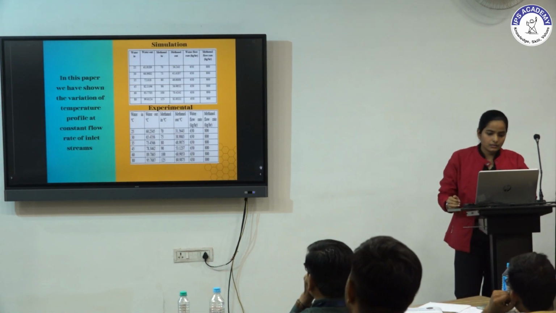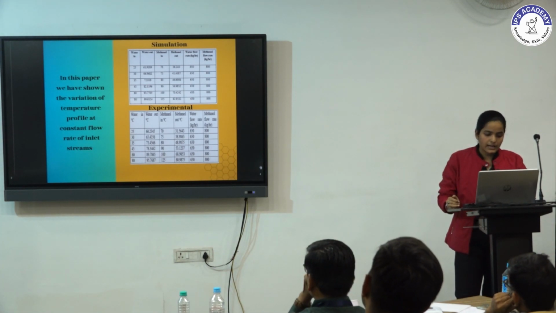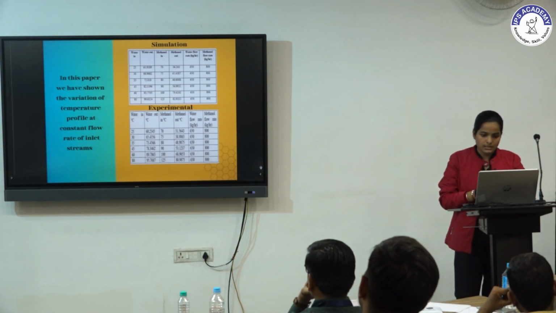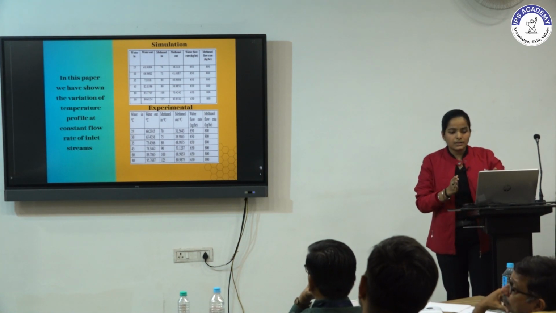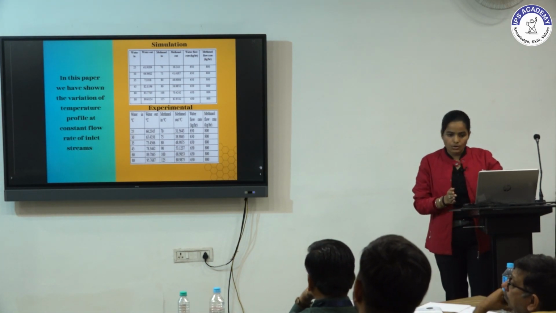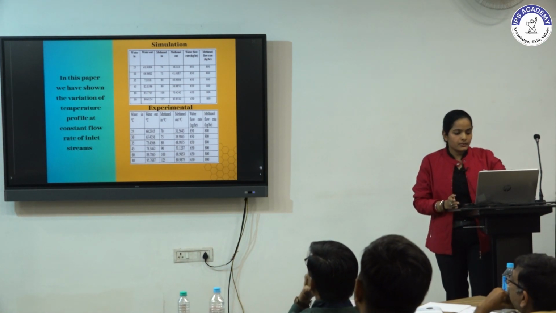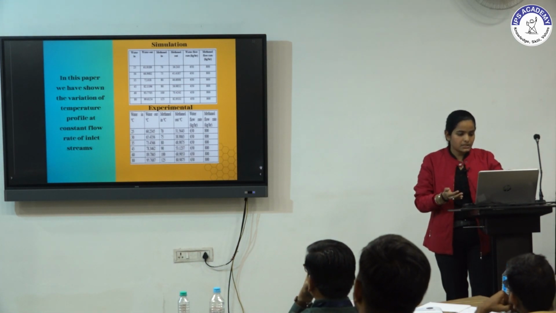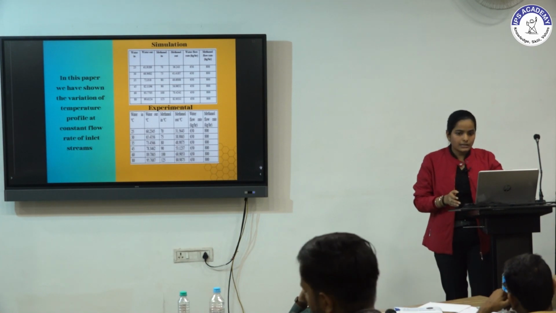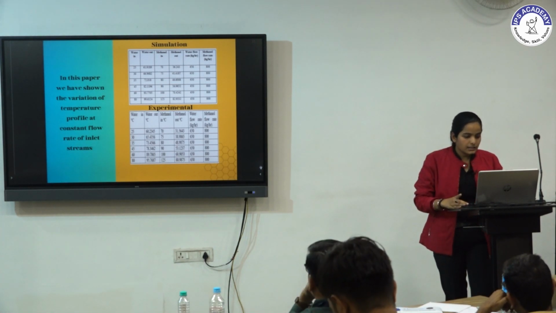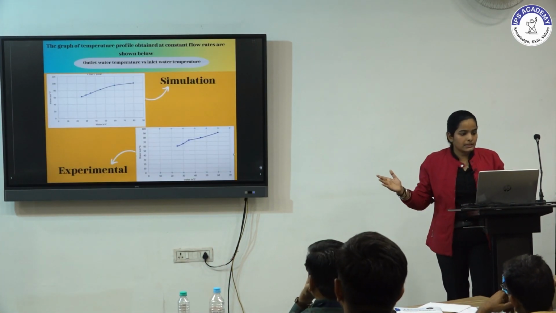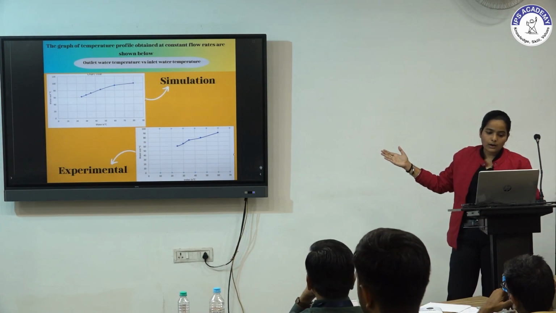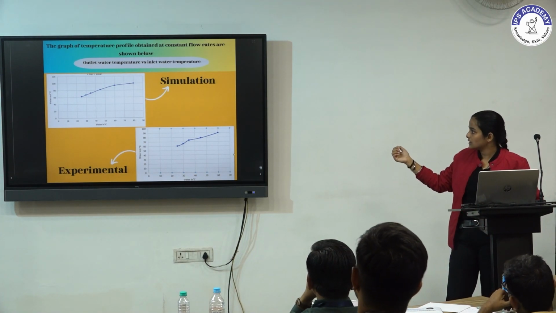So this is the variation of temperature profile when we kept the flow rates constant. Here we have kept the water and methanol flow rates constant, and we have given the inlet temperature and got the outlet temperatures for both water and methanol, and they deviate from each other. Similarly, these are the graphs for the outlet water temperature versus inlet water temperature.